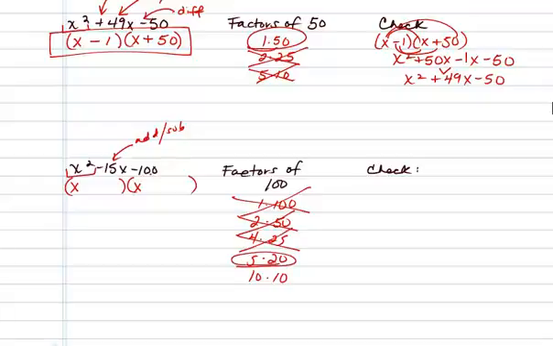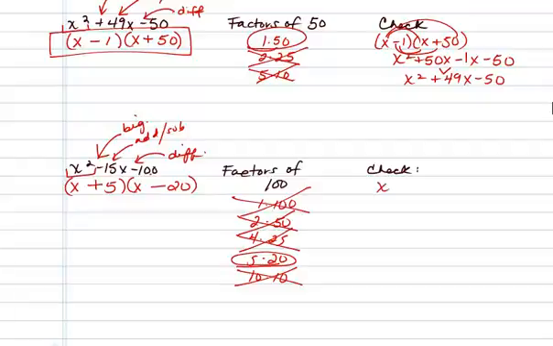They subtract to get 15. So it's going to be 5 and 20. Signs are different. And the bigger one is negative. So that means that's a positive.